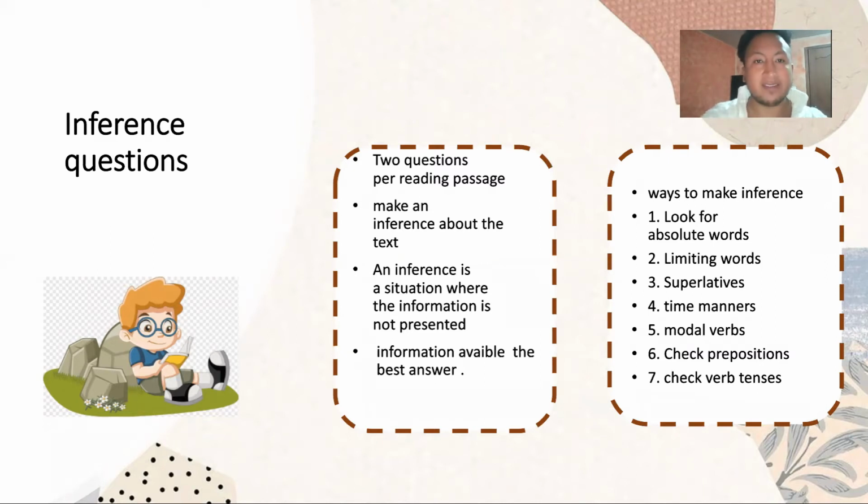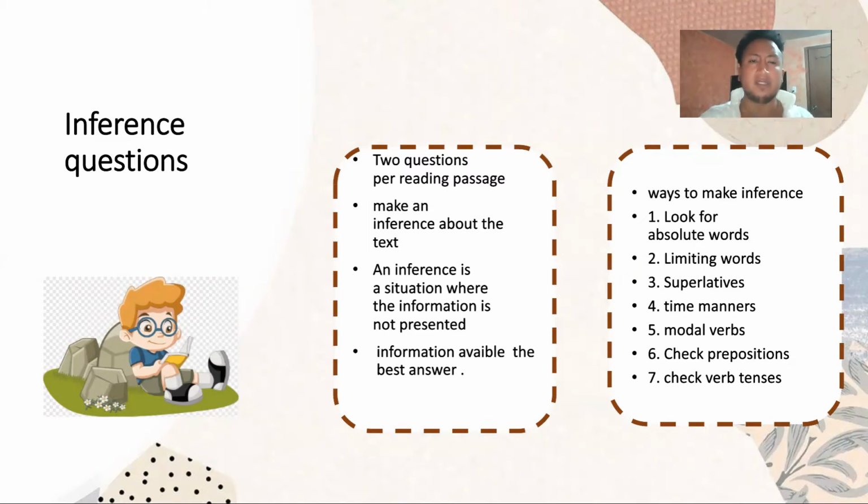There are many ways to make an inference. For example, first look at absolute words such as always, never. Second, look for limiting words such as usually, rarely, often. Third, look for superlatives such as most, least, farthest.